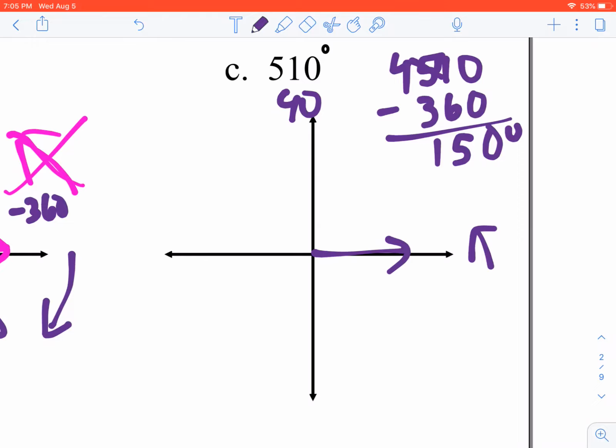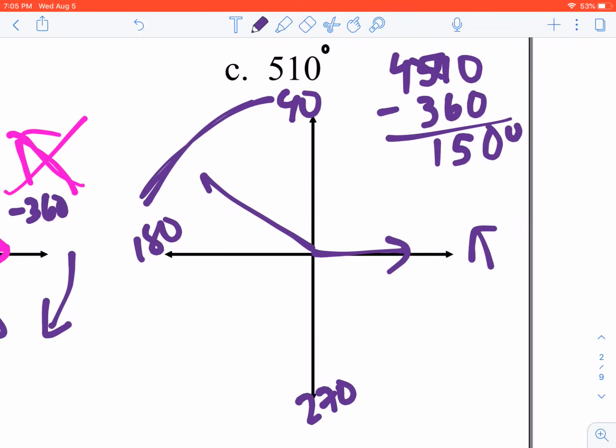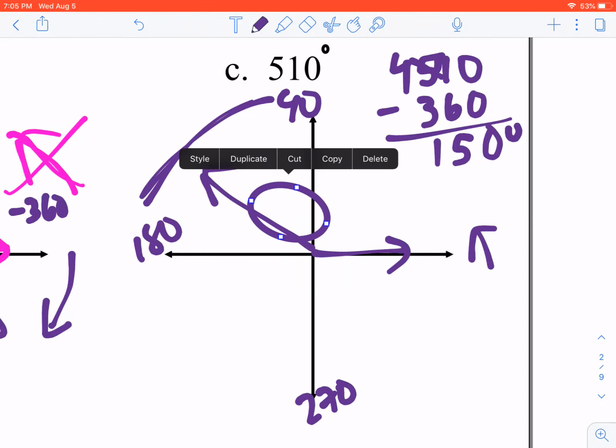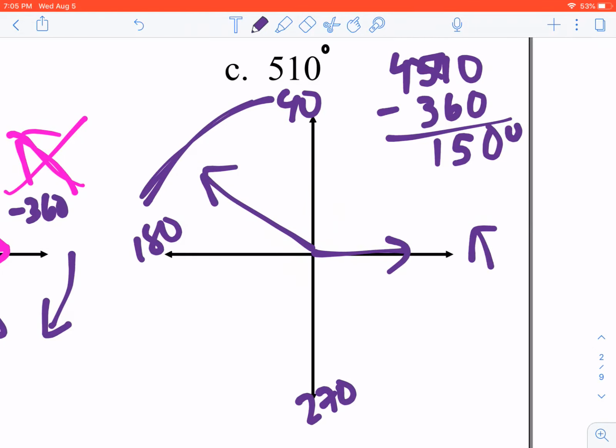There's 90, there's 180, there's 270. 150 is going to be in between those two numbers, slightly closer to the 180. But when I draw my direction, you went around 360 degrees, followed by another 150. That's how you denote that you have gone one complete revolution or more.